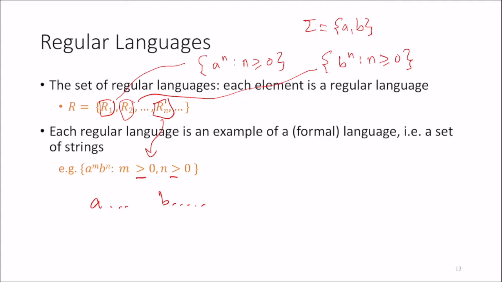That's one concise way to define a set of strings. Instead of writing down these dots, we write it in this math notation that makes it precise what I mean by this set of strings. And it happens that a sequence of letters following another sequence of letters is in fact a regular language, because you can define it using the same operations that I just defined in the previous slide.